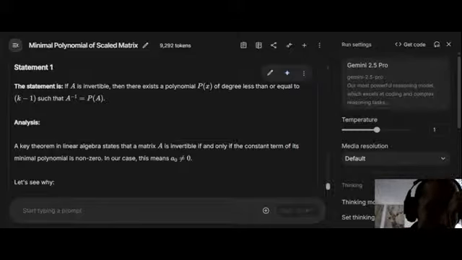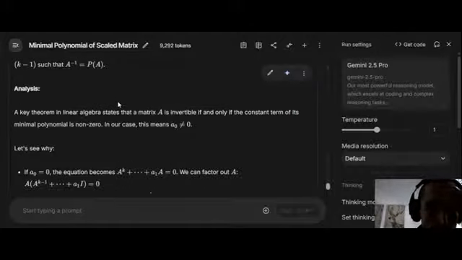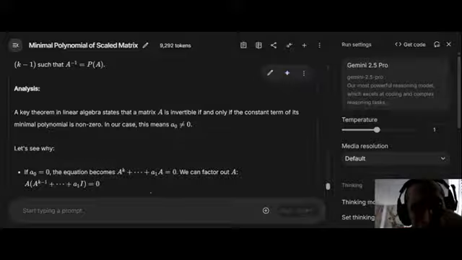Let n equal 1 such that the inverse of A equals a polynomial in A. A matrix is invertible if and only if the constant term of its minimal polynomial is not zero.